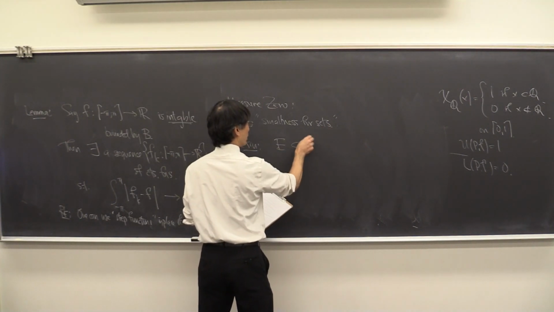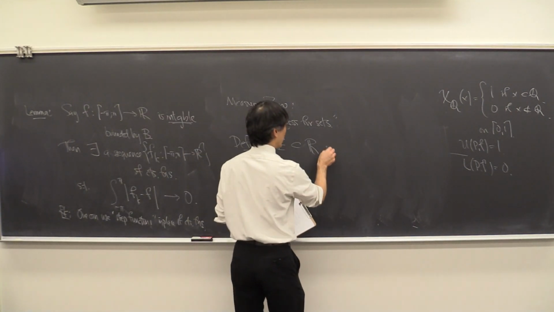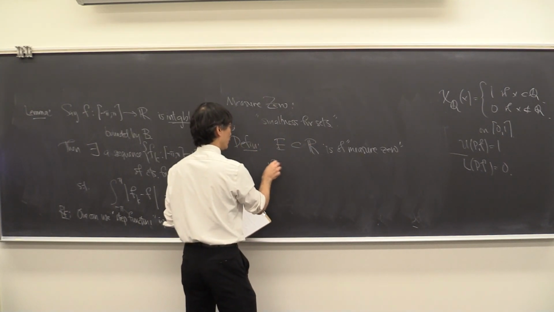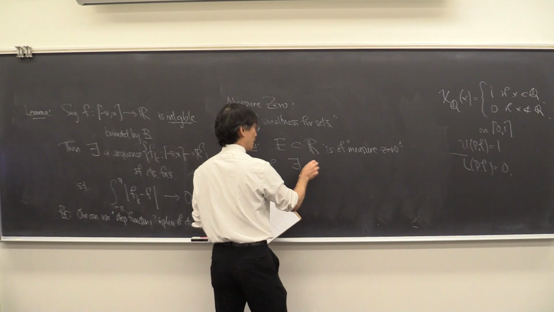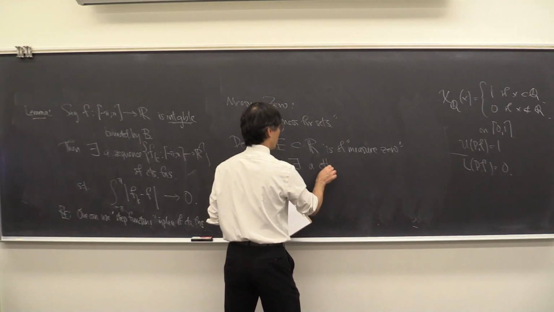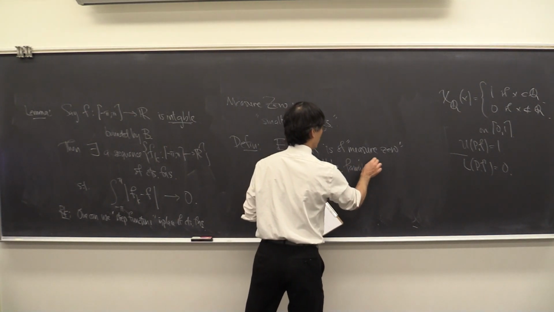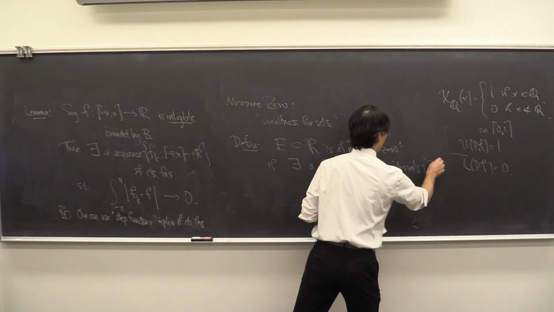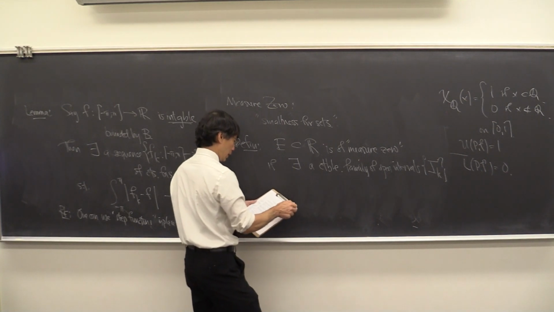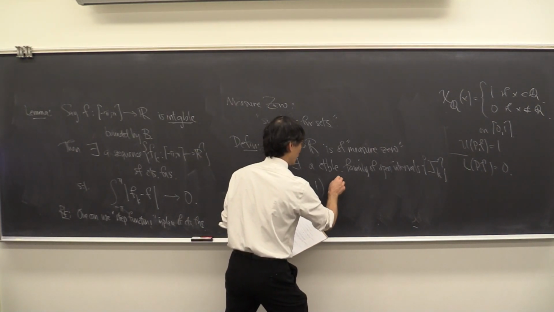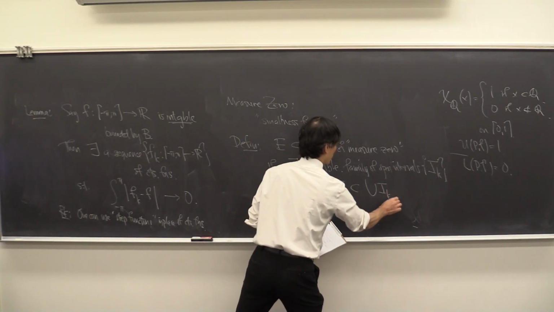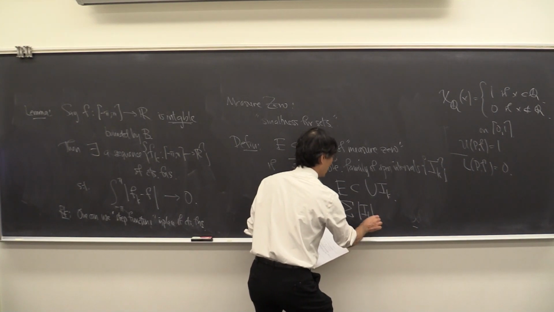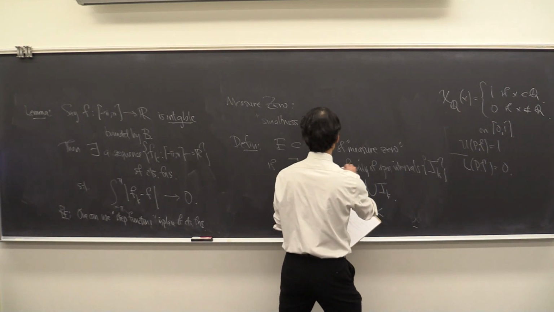You have some subset E in R, and we say it's of measure zero if there exists a countable family of open intervals I sub k, such that one, E is covered by the union, and two, the sum of the lengths of the intervals is smaller than epsilon.